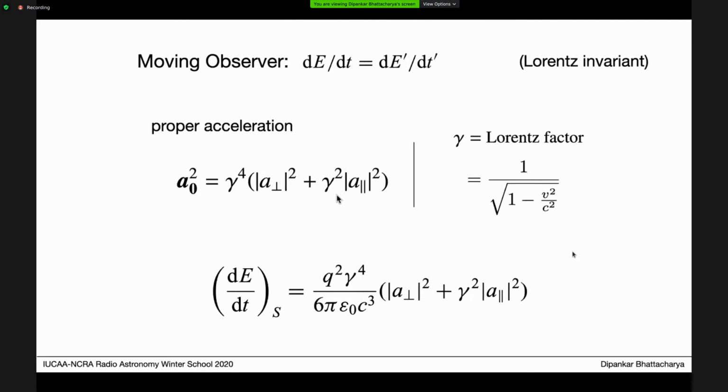So what this does tell us is that for a given measured acceleration, the amount of emitted power that we will see has a strong dependence on the Lorentz factor. So this we should keep in mind when we talk about how much radiation we receive from a charge.